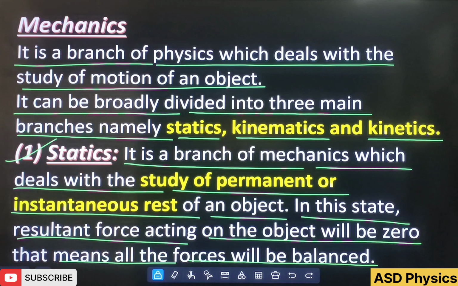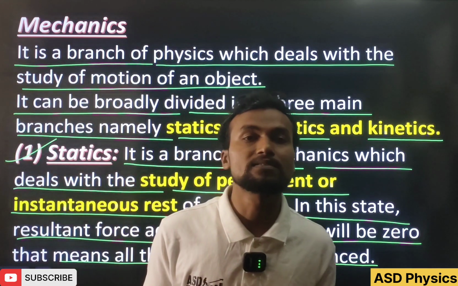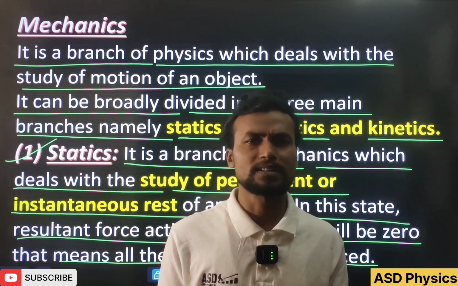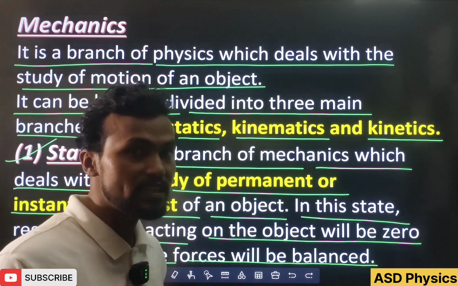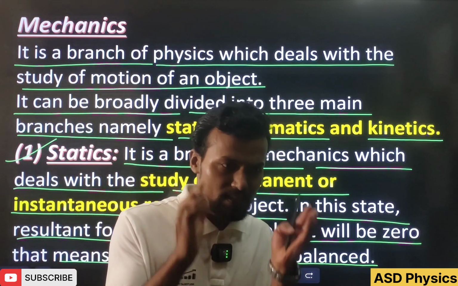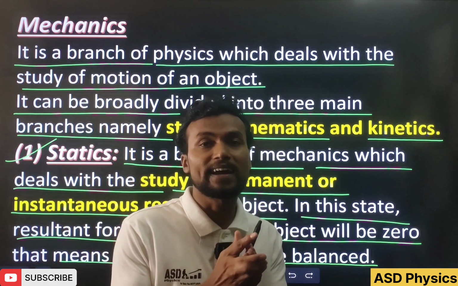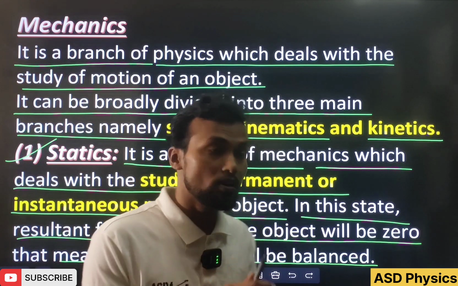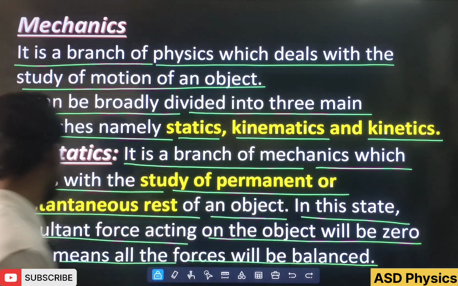So students, here we have seen mechanics into three categories: statics, kinematics and kinetics, and now we are seeing statics, where the object is in a rest situation, maybe permanent or instantaneous rest. And remember that in a rest situation the net force acting on the object will be zero, or we can say all the forces will be balanced.